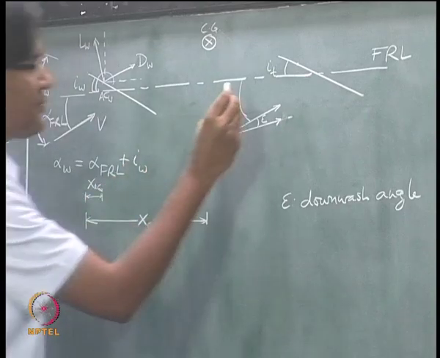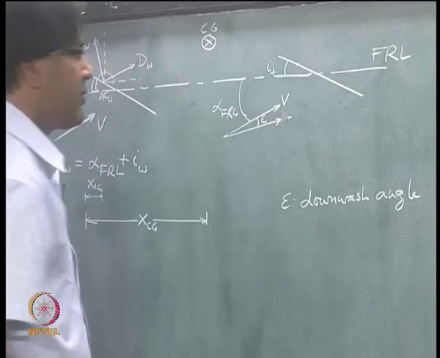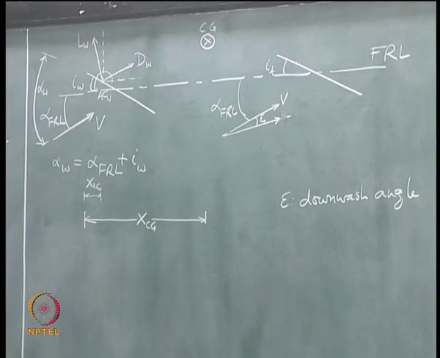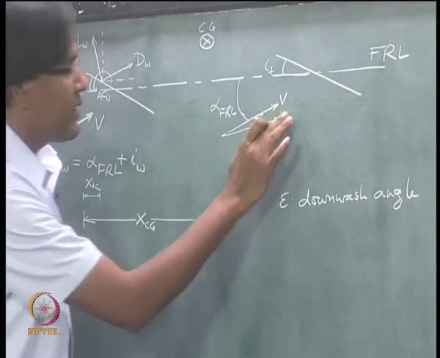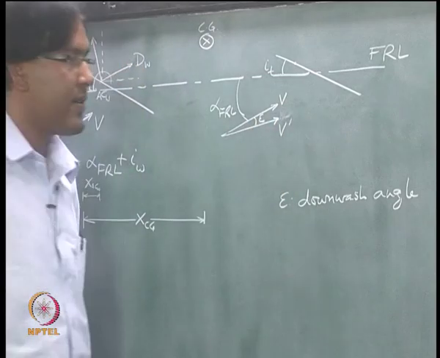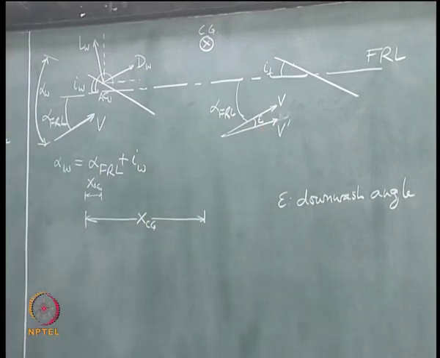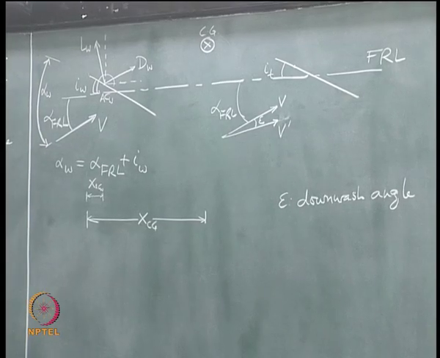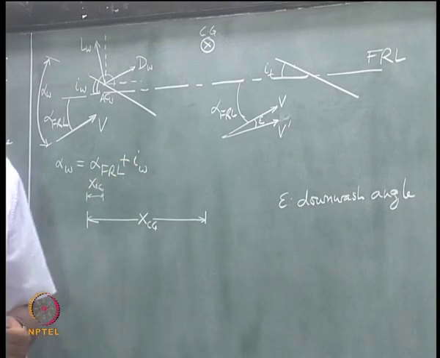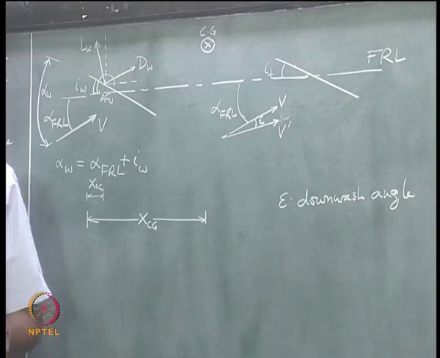Okay, so this is the original relative wind speed, and this vector is V prime, right. So, dynamic pressure at the tail is going to change because of this downwash angle, and angle of attack is also changing, right.